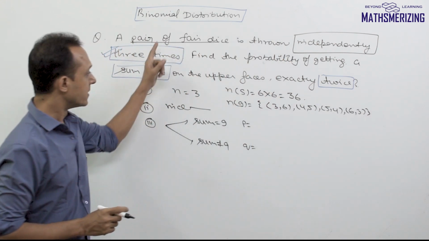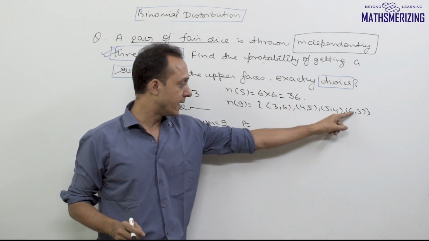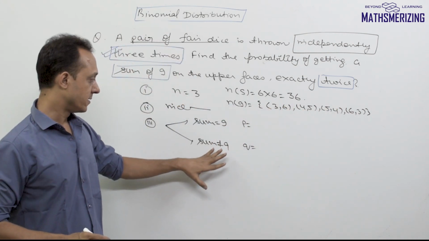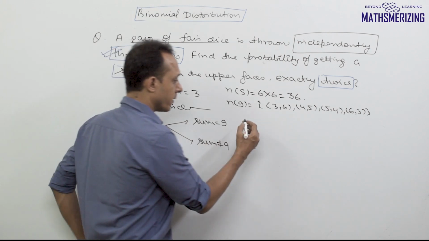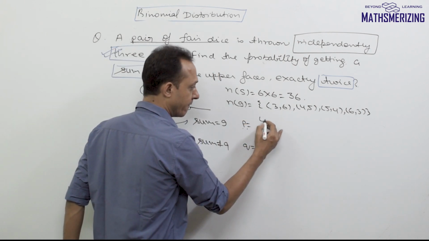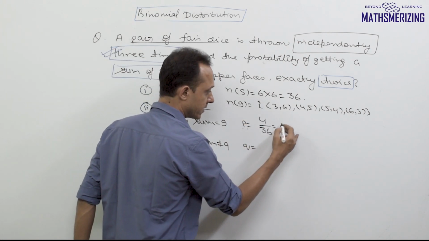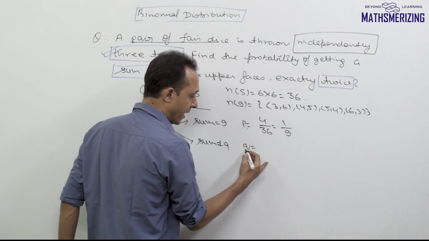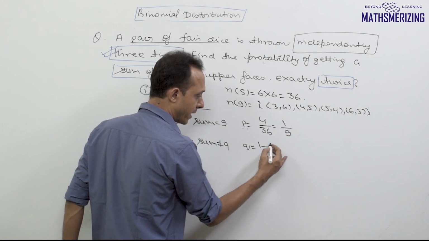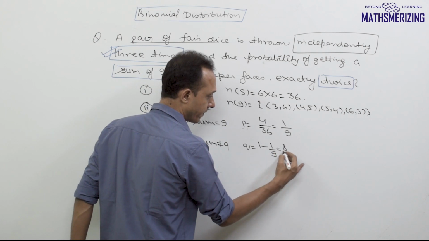If it results in either of these conditions, then the sum will be 9, else the sum won't be 9. So the probability of getting the sum 9 will be simply 4 by 36, which is 1 by 9, and not getting the sum 9 is simply 1 minus 1 by 9, and that should be 8 by 9.